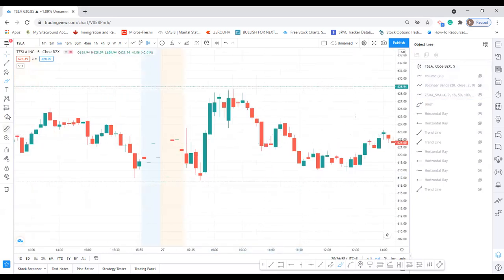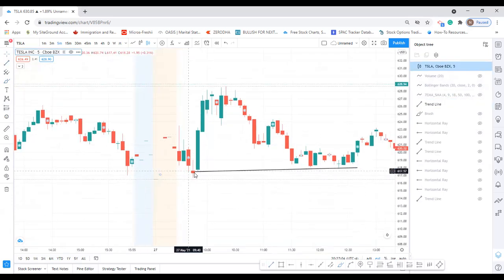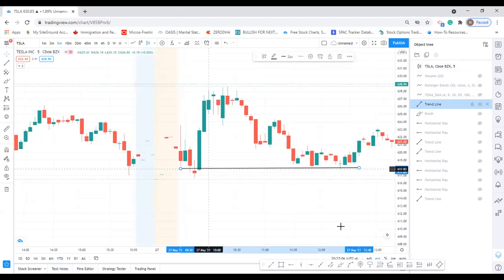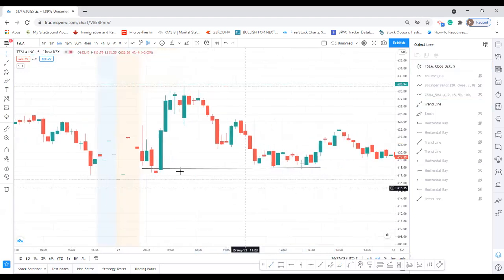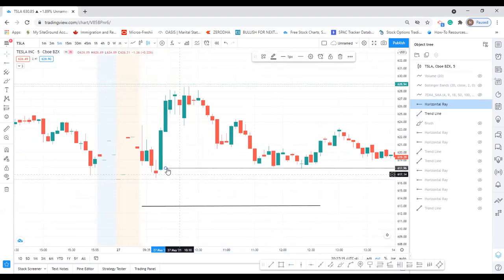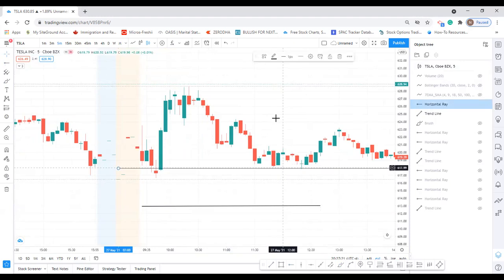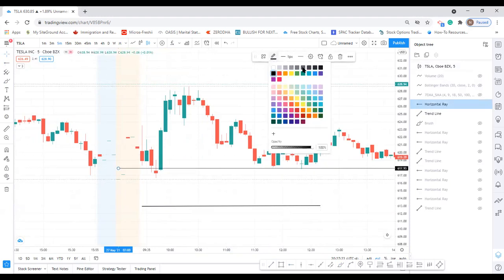Up to here, if I want to draw the trend line, can I draw the trend line like this? Just very easily. Or if I want to draw a horizontal line, can I draw my horizontal line like this? Yeah, I think yes. I can do it.